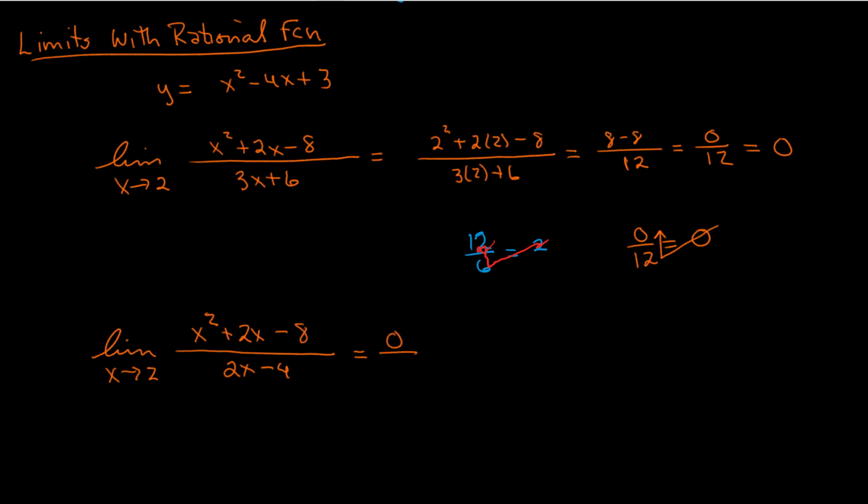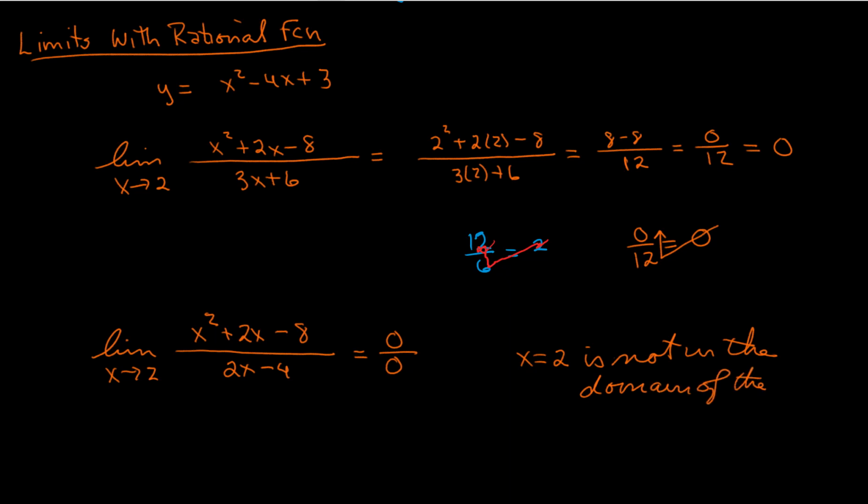And watch this. The denominator is going to be the 2 times 2 is 4 minus, holy mackerel, we get 0 over 0, which is an indeterminate form. And the reason is x equals 2 is not in the domain of the function.